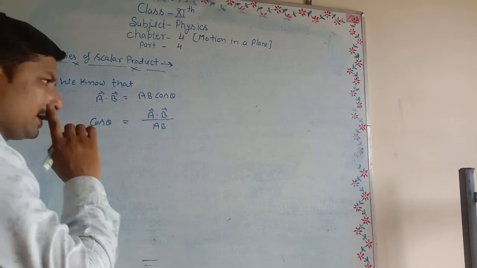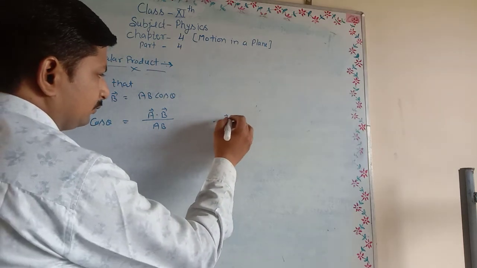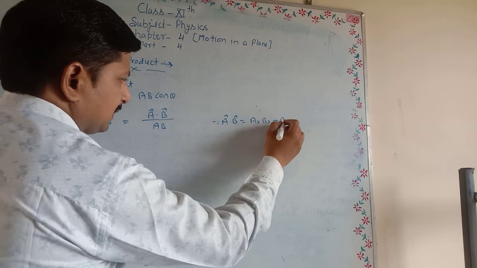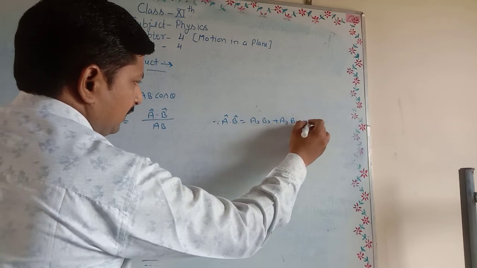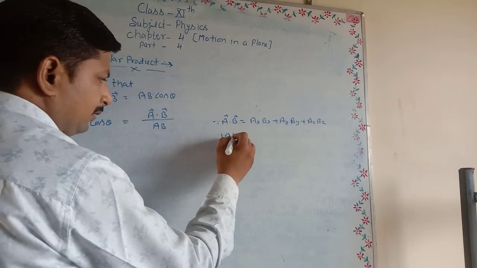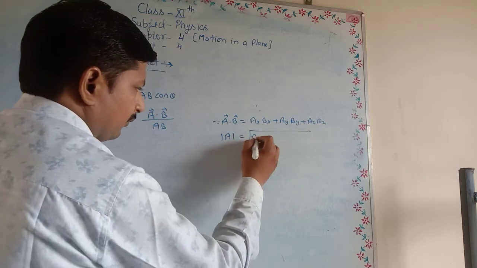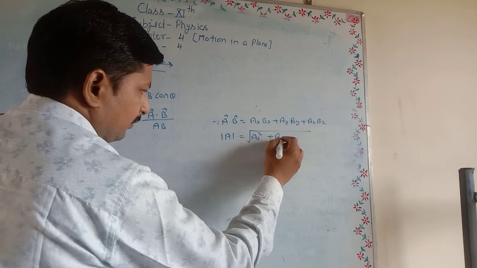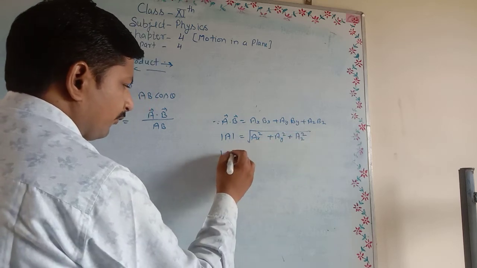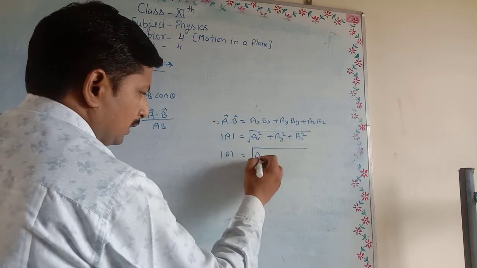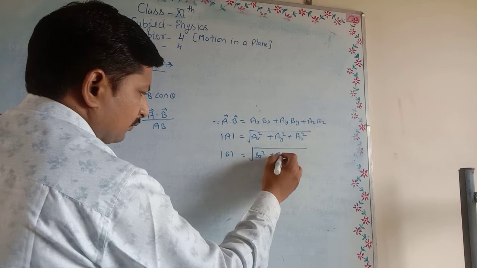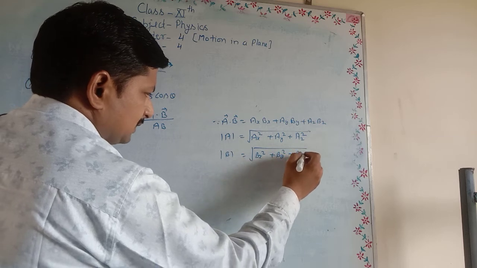A dot B is equal to Ax Bx plus Ay By plus Az Bz. Mod of A is equal to under root of Ax square plus Ay square plus Az square. Mod of B is under root of Bx square plus By square plus Bz square.